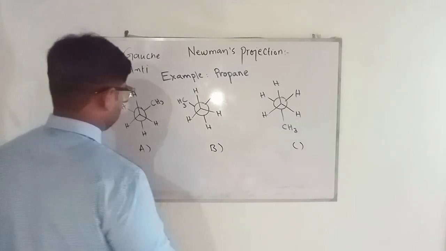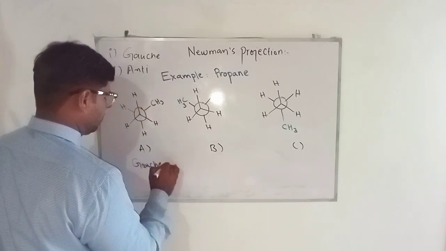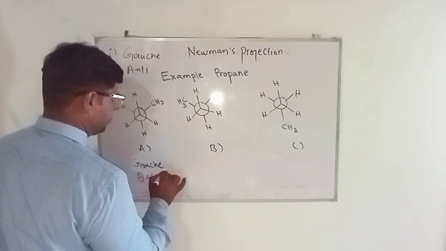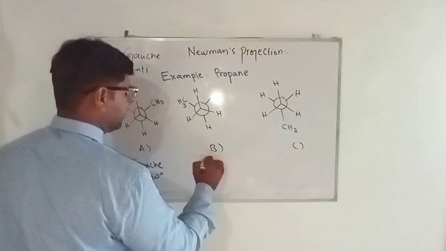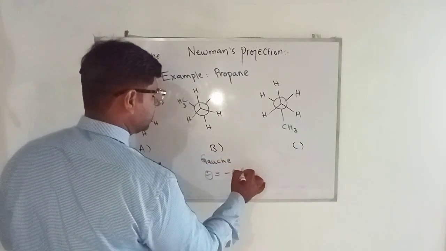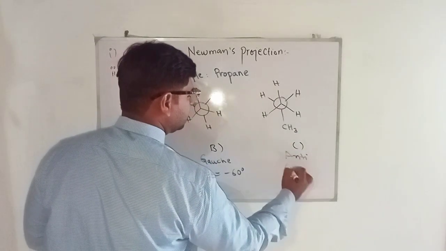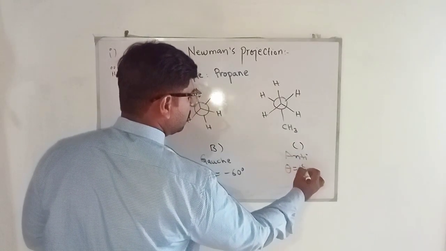You are correct. The first one is gauche conformation at theta is equal to 60 degrees. The second one is also gauche, but theta is equal to minus 60 degrees. The third one is anti, but theta is equal to 180 degrees.